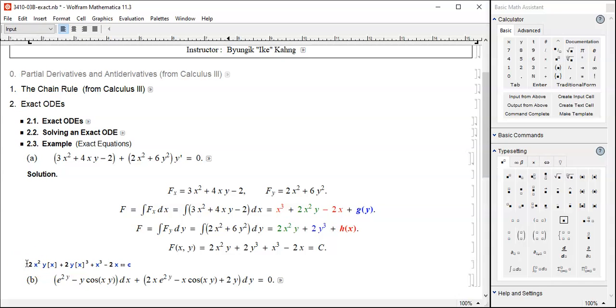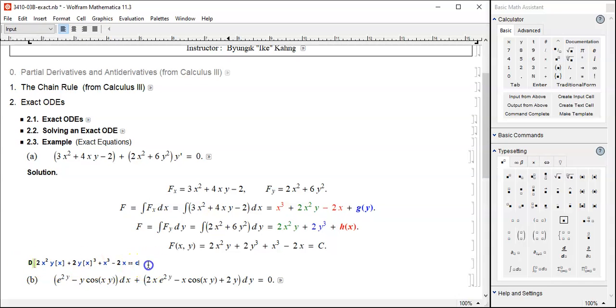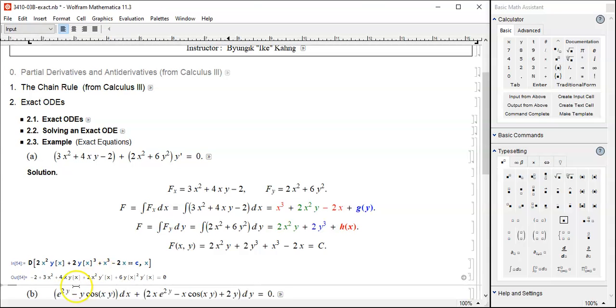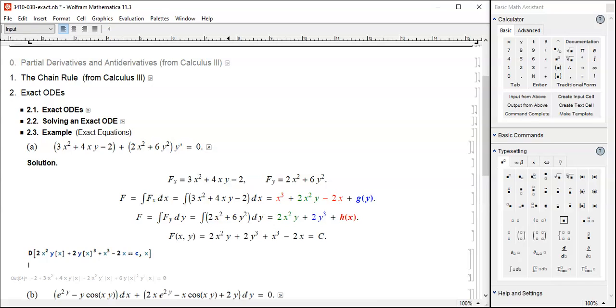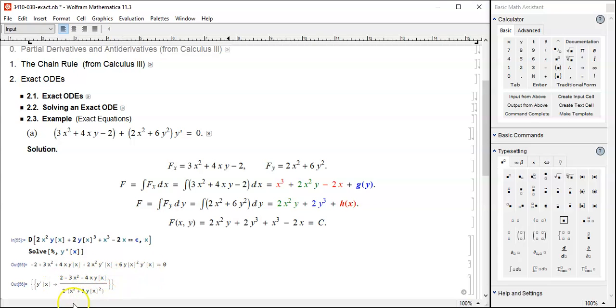And that's the equation. Take the derivative with respect to x, and this is the result. And then I'm looking for y prime of x, so solve this expression. Percent means previous result with respect to x, and then we got this result down here.